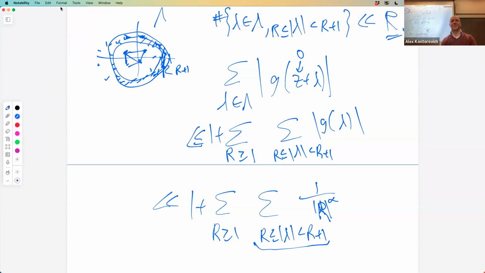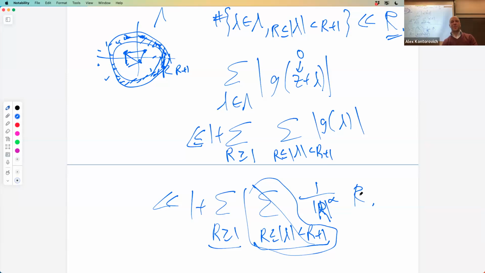Go away. Yeah, so how many points of lambda are there in this annulus? At most R. So this sum has size R. So when does the series R over R to the alpha, when does that series converge?